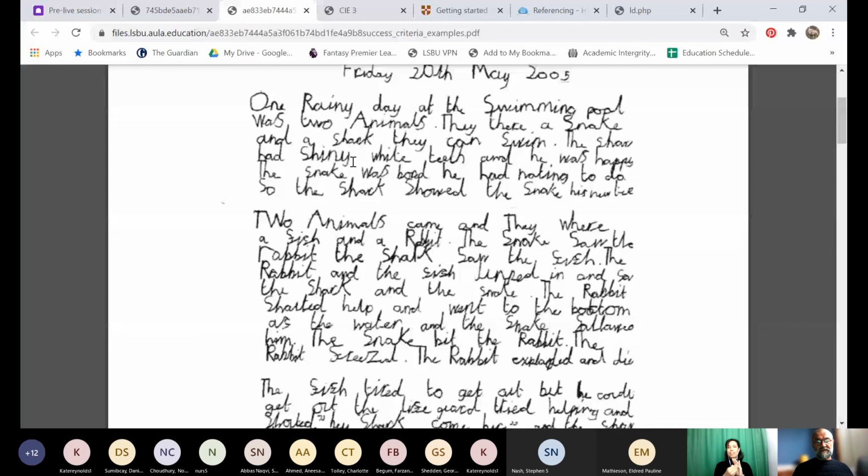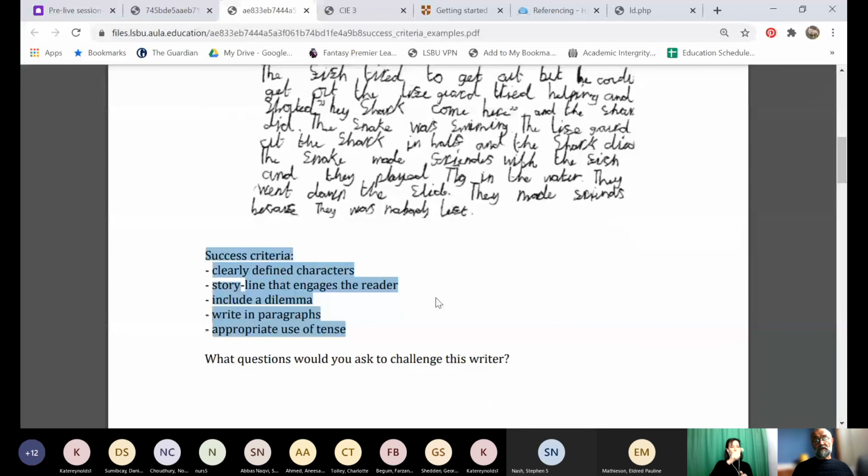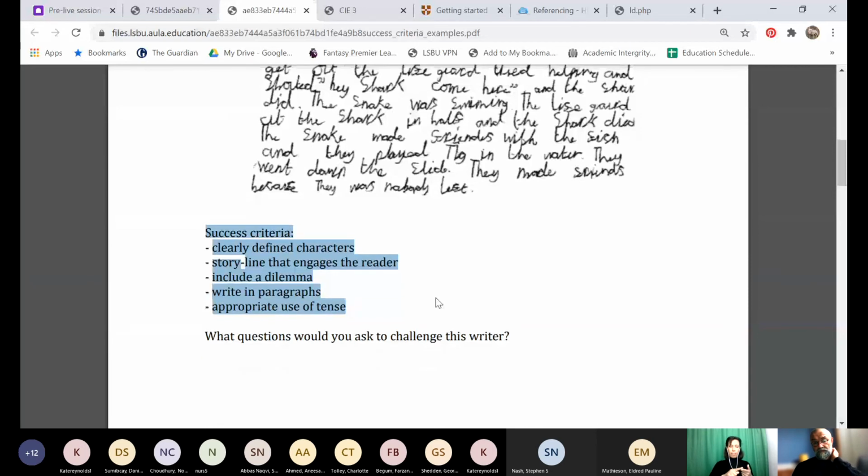So the success criteria, this is what the teacher told the pupils. So the pupils were aiming for these things. They were going to provide clearly defined characters, a storyline that engages the reader, include a dilemma, write in paragraphs, and use tenses, past tense, future tense, present tense, appropriately.